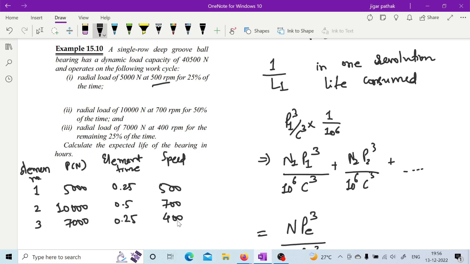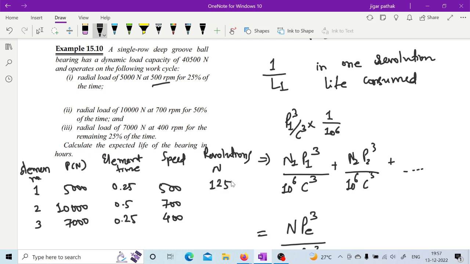Now for the revolutions N in element time, we have provided a particular amount of time for this load. The speed is 500 rpm, so the number of revolutions during the first cycle will be 500 into 0.25 minute, that will be 125.